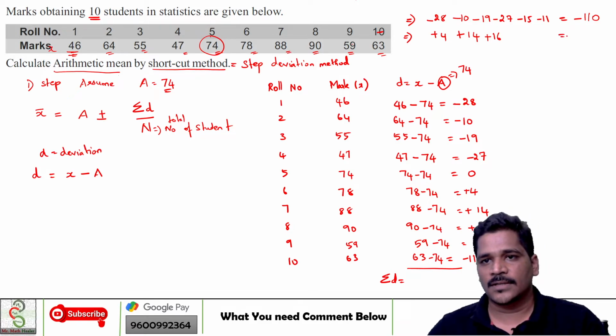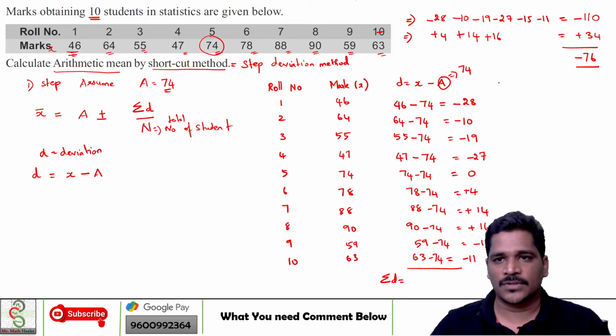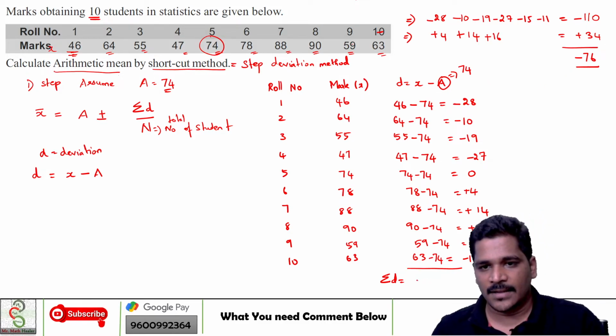What's the total? 4 plus 14 plus 16 is 34. And what we need to do is simply deduct 110 from 34, you will get minus 76, because minus 110 is the bigger number. So the summation of d is equal to minus 76.